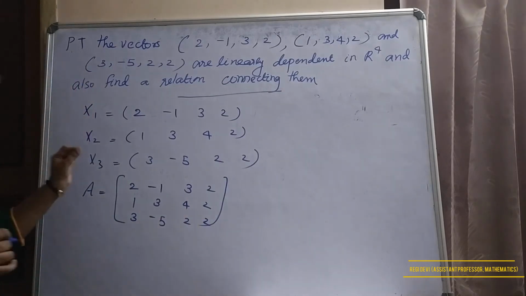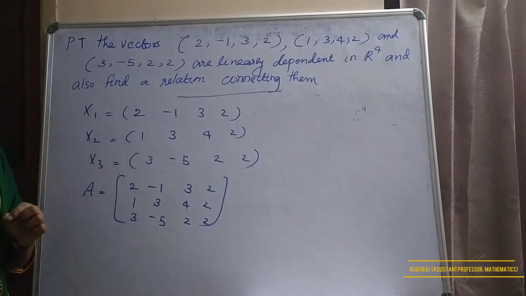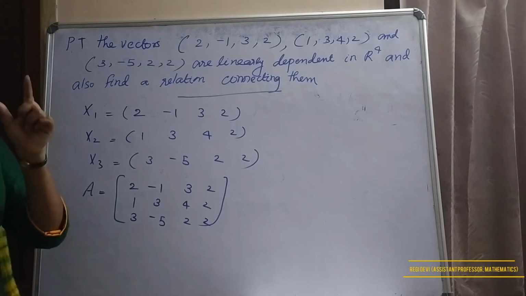Now we have to reduce this into row reduced echelon form, and we have to find the rank of the matrix.